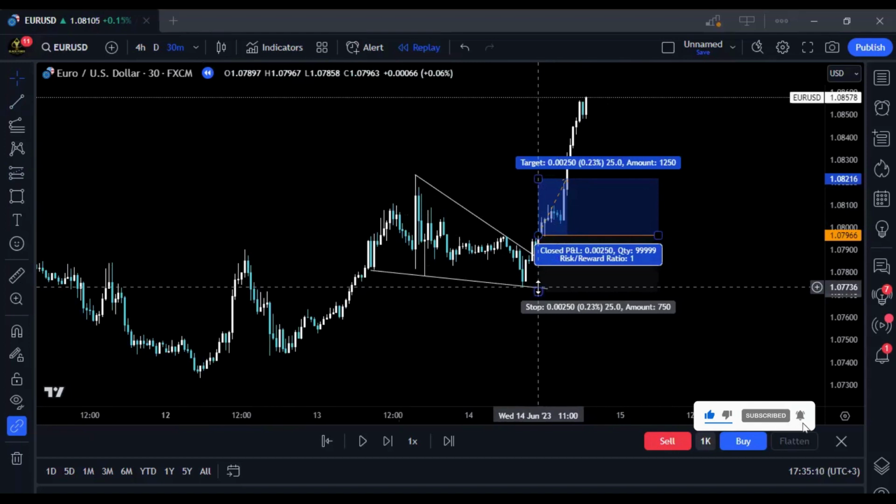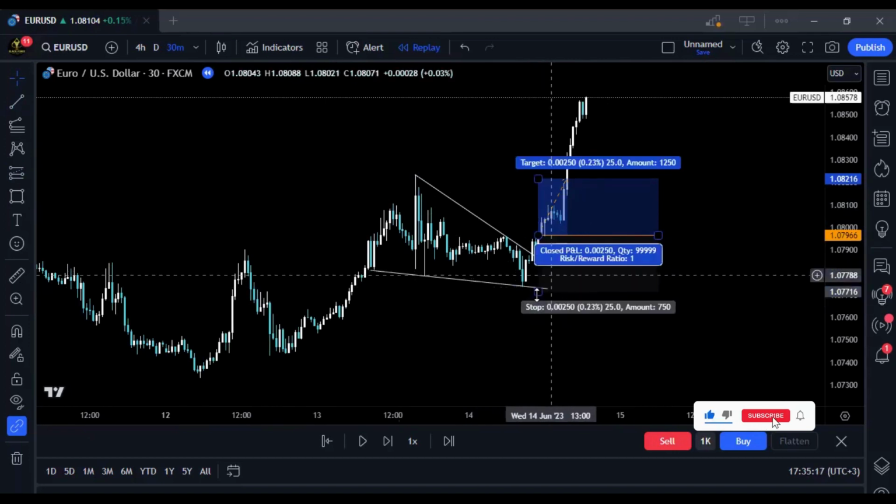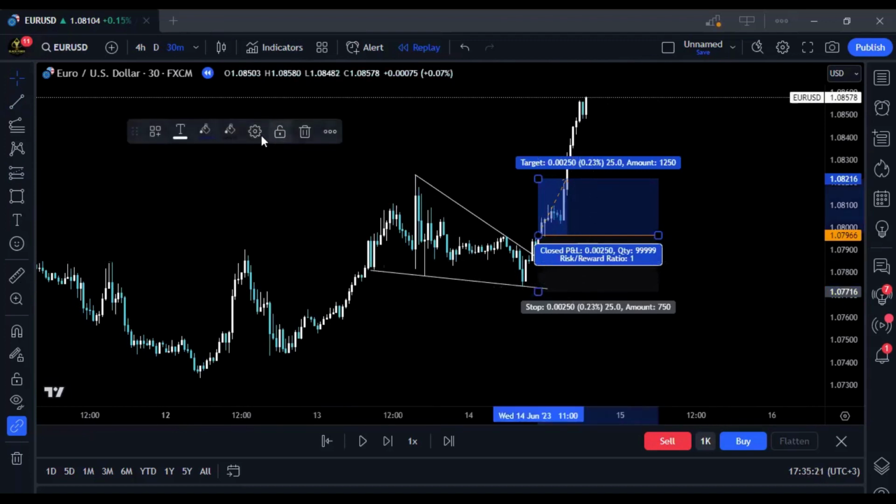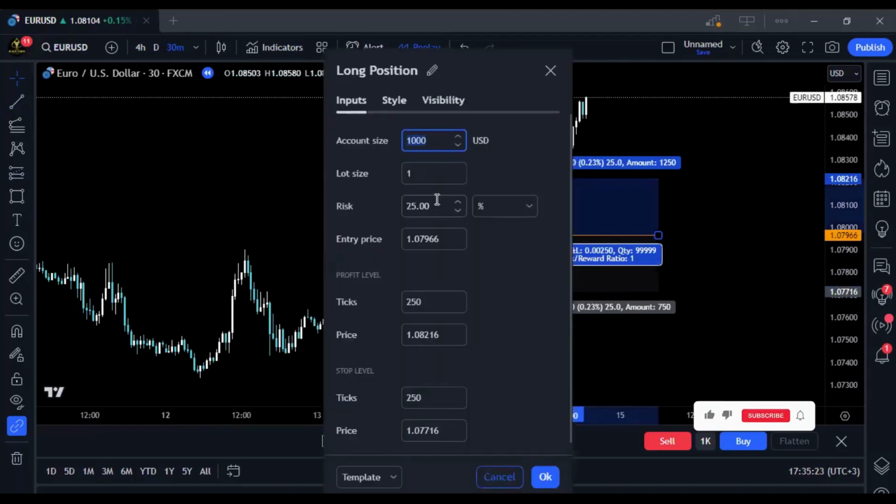So this trade was taken on the 14th, on the 30 minutes, in about, the stop loss was, the entry price was 179.74.